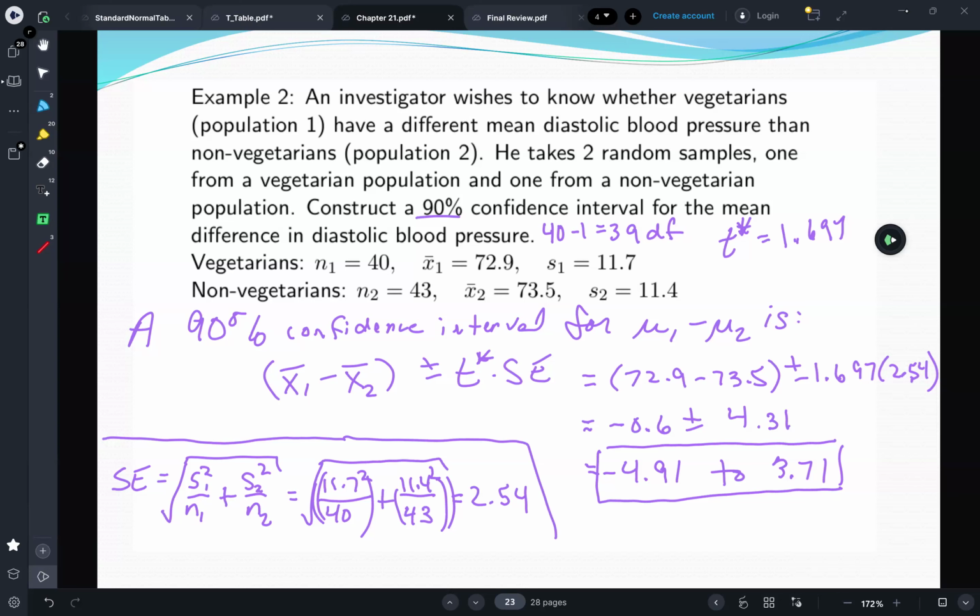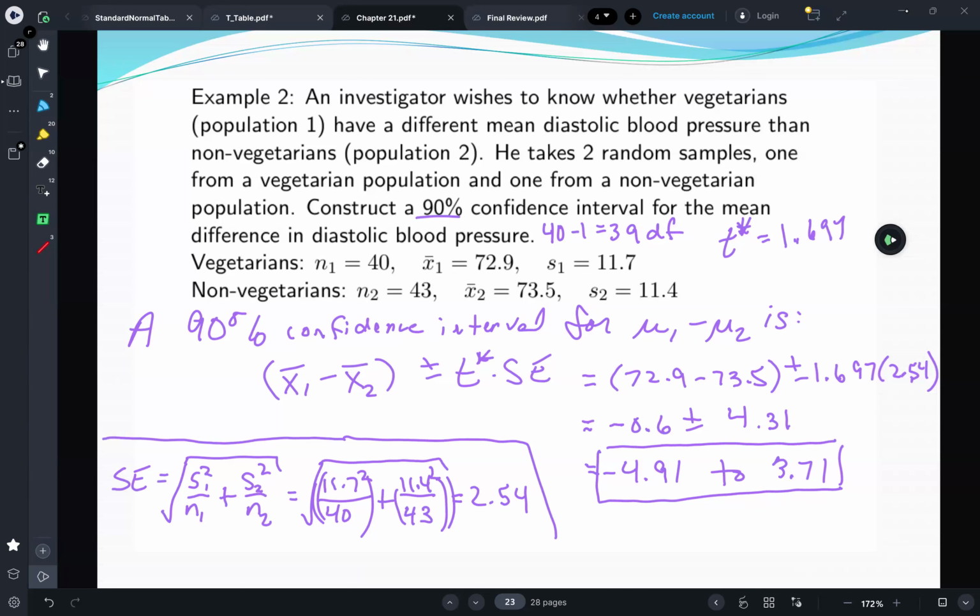Does anybody get anything different than this? I ended up with -4.91 to positive 3.71. We're good? So, is there a difference between the two? We're looking to see if 0 is in there. We see a 0, so that means there is no difference between the vegetarians and the non-vegetarians in terms of the diastolic blood pressure.